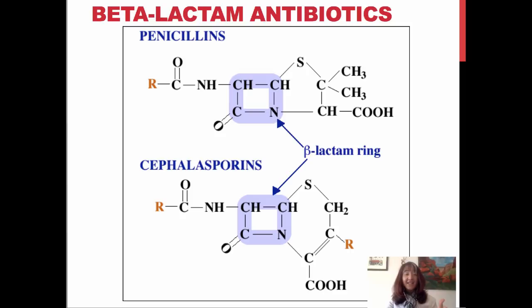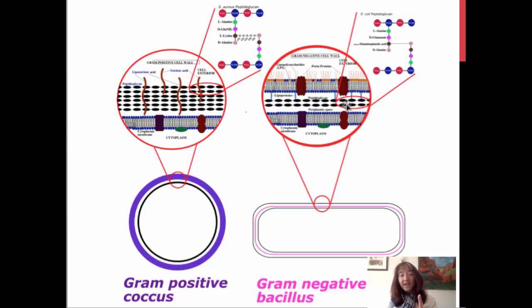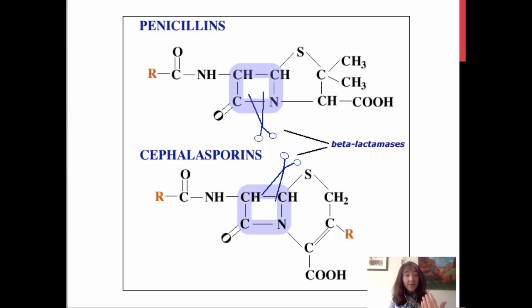Now, many bacteria take advantage of that, and in fact, gram-negatives, even more so than gram-positives, are likely to produce this group of enzymes called the beta-lactamases. So in a gram-negative, not only do we see the peptidoglycan being protected by the outer membrane, but also we see a lot of gram-negatives secreting these enzymes.